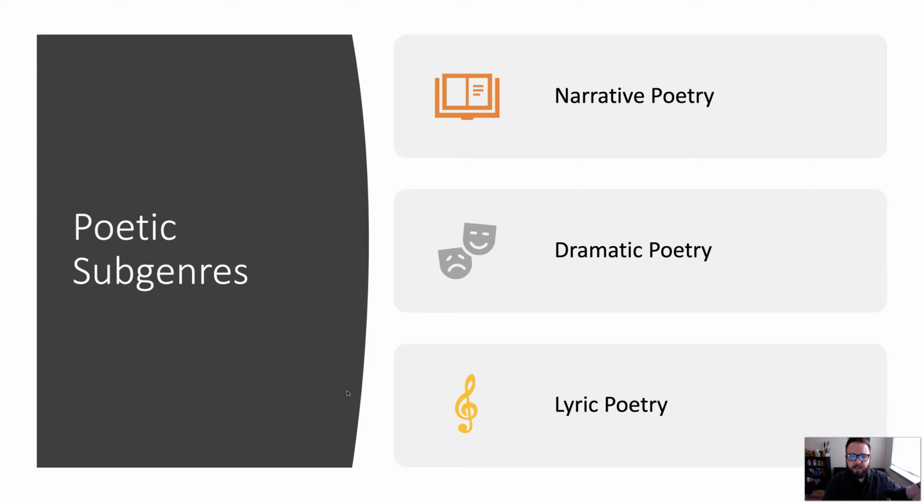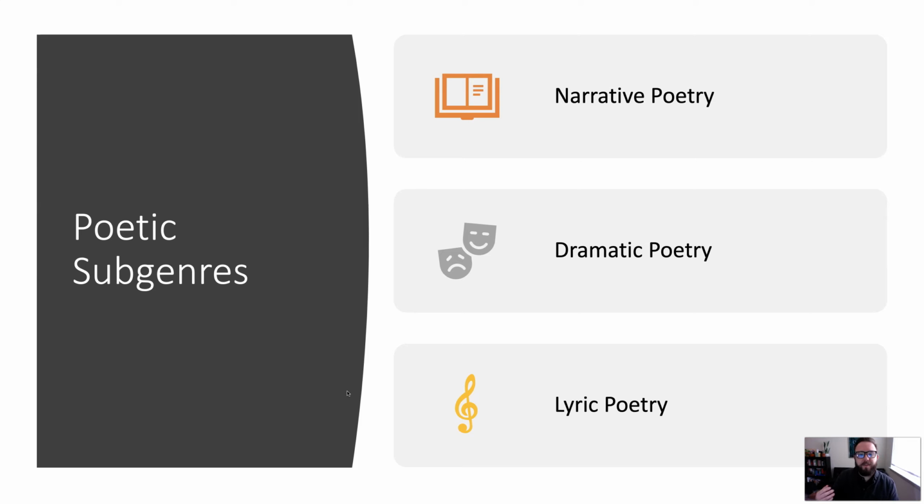They have all the stuff that we were talking about with plot in our separate video. That's all present there. Dramatic poetry is poetry designed to be performed, poetry very much along the lines of what a character might speak. And we see this play out, primarily for us, in the form of the dramatic monologue, for instance, when we read Robert Browning's My Last Duchess.